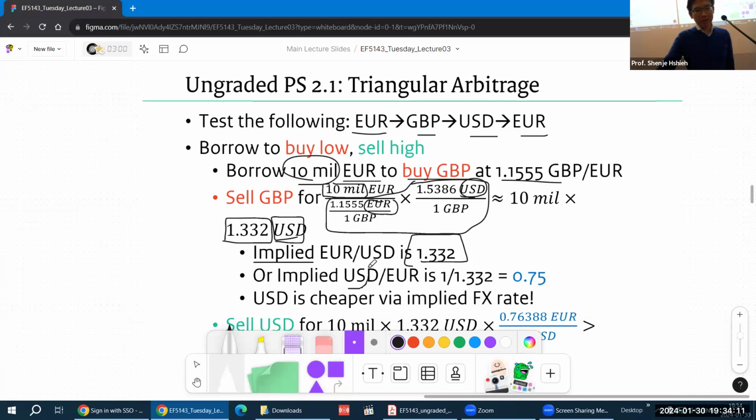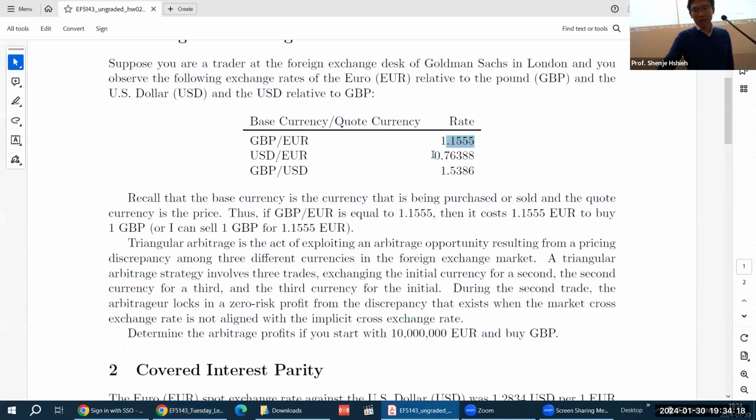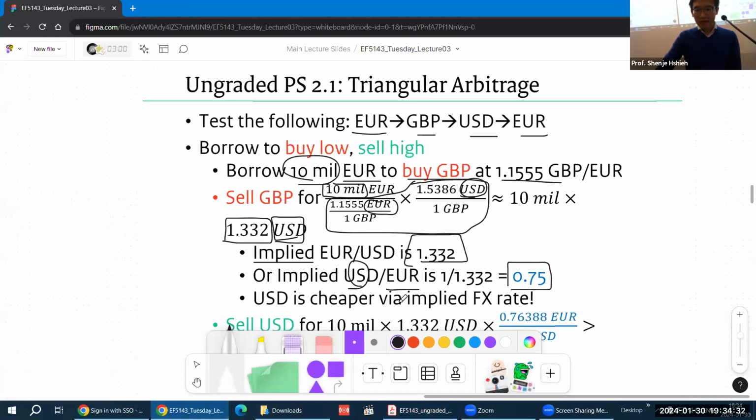That will give us the price of dollars in terms of euros, which is 0.75. And if we compare it with this quote, there is a discrepancy, right? 0.75 is clearly different than 0.76. And it's the same exchange rate, the price of US dollars in terms of euros, here and also here.